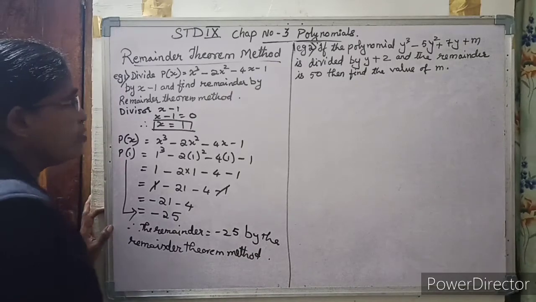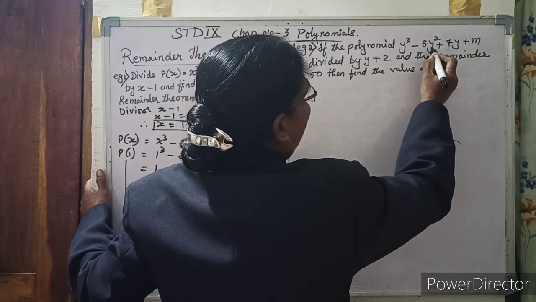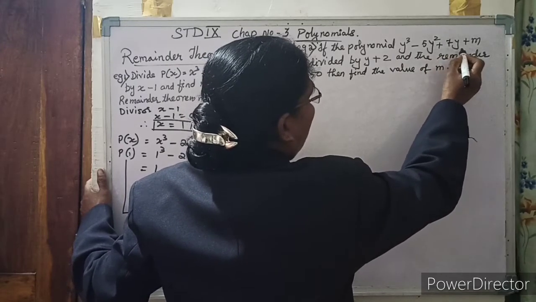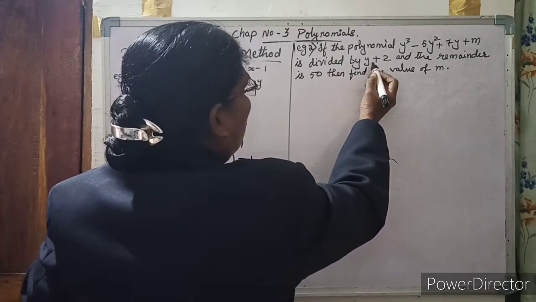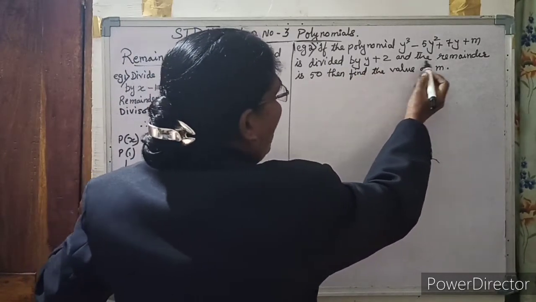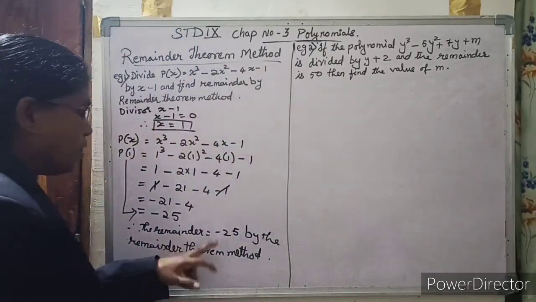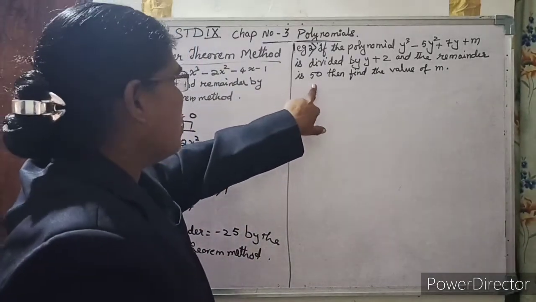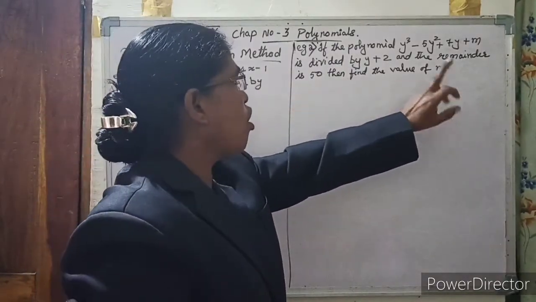Now, next question. If the polynomial p(y) equal to y cube minus 5y squared plus 7y plus m is divided by y plus 2 and the remainder is already given, as like we have found out the remainder here. So also here the remainder is already given as 50. Then find the value of m.